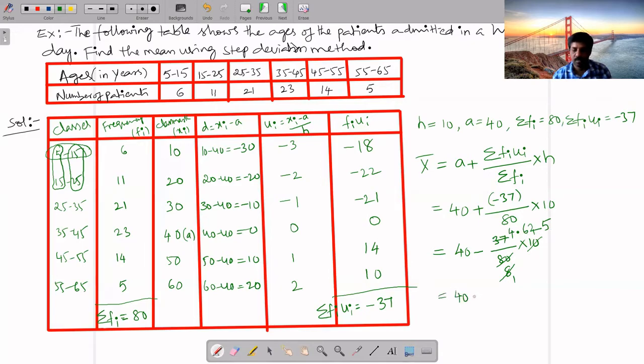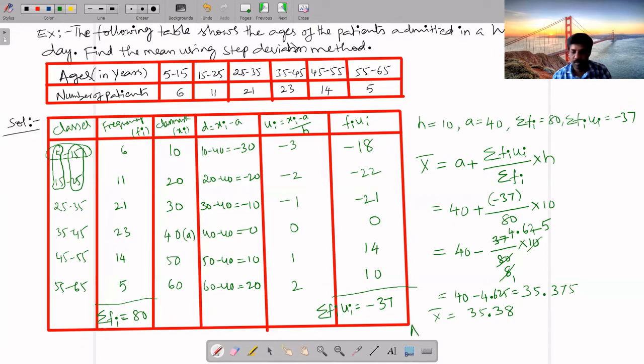Now 40 minus 4.625. The difference between these two is 35.375. So x bar equals 35.375. If you write up to 2 decimals, it becomes 35.38.